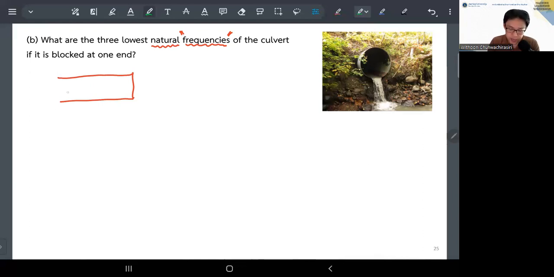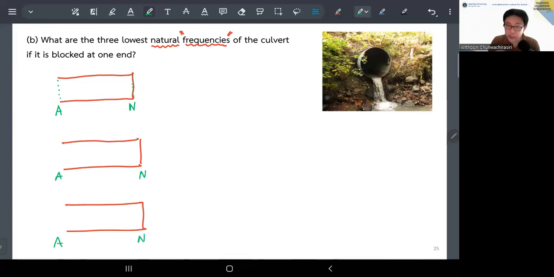The open end is supposed to be an antinode, and at the wall, the closed end is supposed to be a node because molecules cannot travel. The back is against the wall, so that is going to be the node. All you need to do is make sure that you fit this condition here: antinode on the left, node on the right.